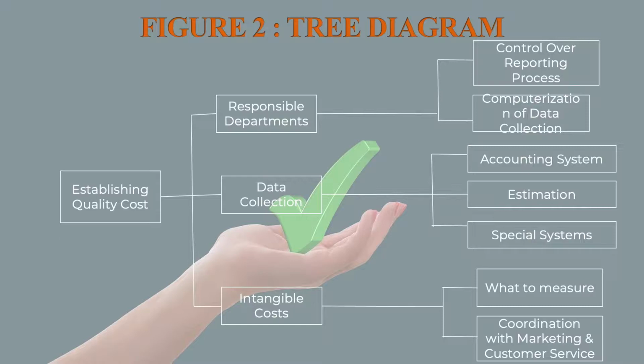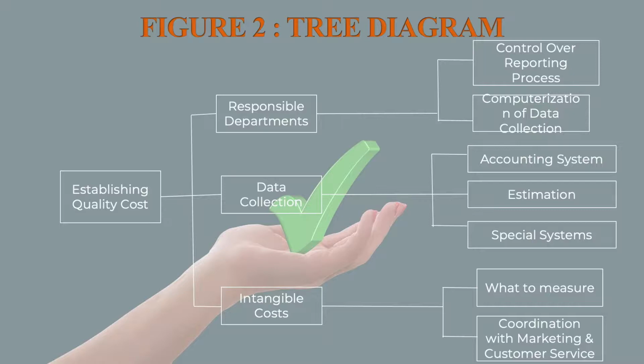Then the data collection, then comes intangible costs. In the first one, responsible departments: which are the responsible departments for the costs involved. Then control over the reporting process, that is the data collection process, then accounting system, estimation, then special systems if any.